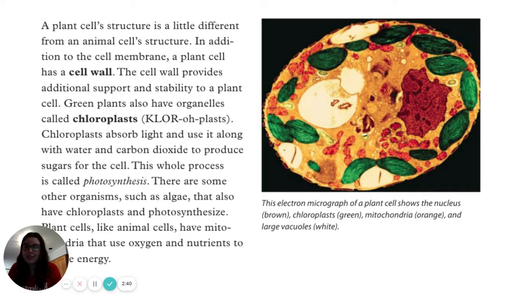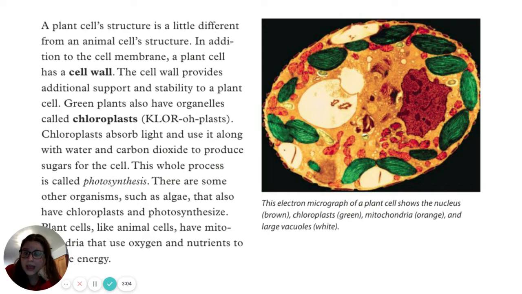Okay, here we go. A plant structure is a little different from an animal cell structure. In addition to the cell membrane, a plant cell has a cell wall. The cell wall provides additional support and stability to a plant cell. Green plants also have organelles called chloroplasts.